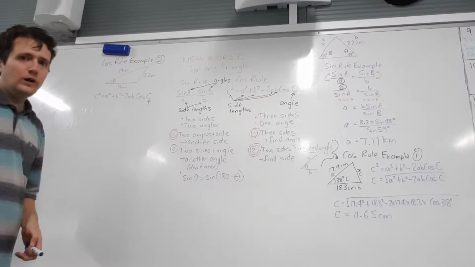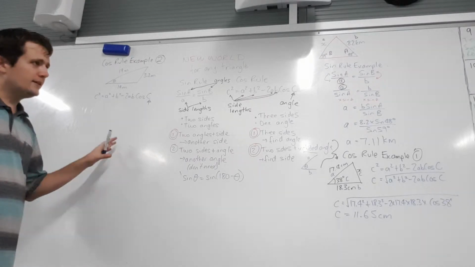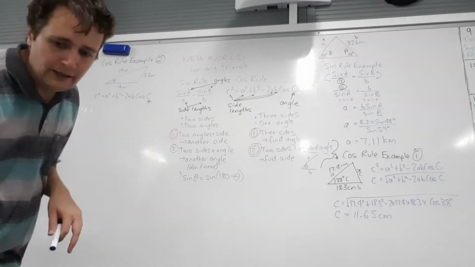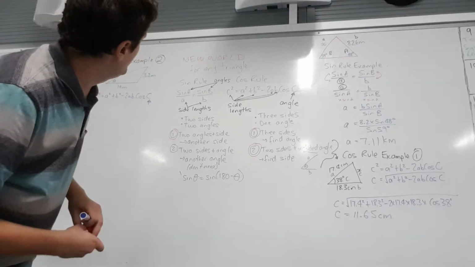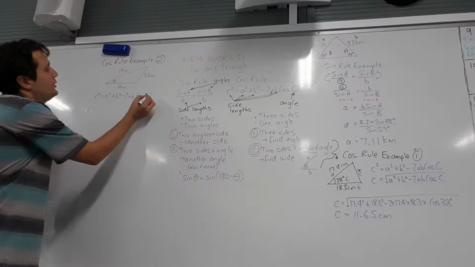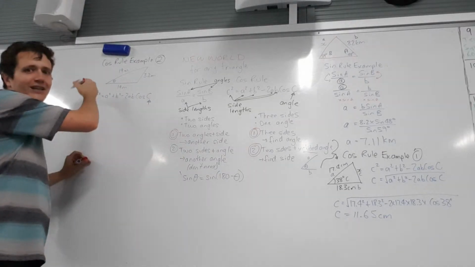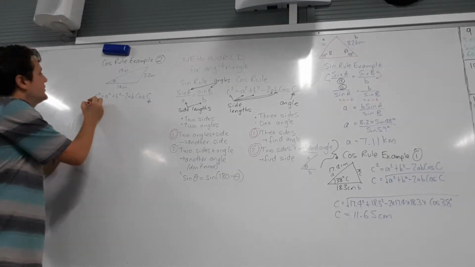One way that I find makes this rearrangement a lot easier, you don't have to do it this way, is to add the 2AB cos C and put it over this side and take away the C squared from this side.